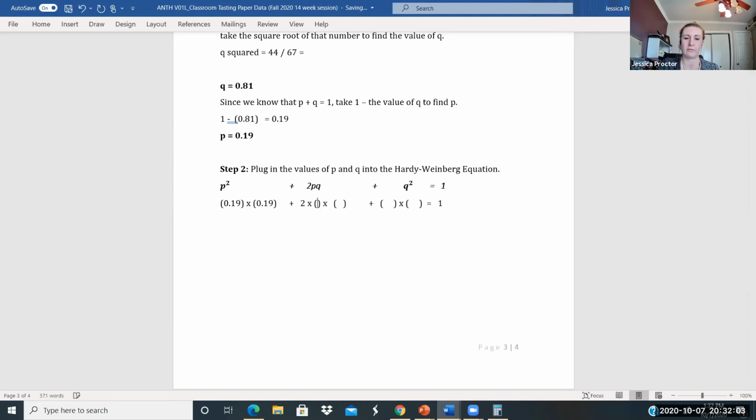So we see another P, so we're going to plug in the value of P. We see a Q, so we're going to plug in the value of Q, which is 0.81. And then we see a Q squared. So we're going to plug in our value of Q twice.